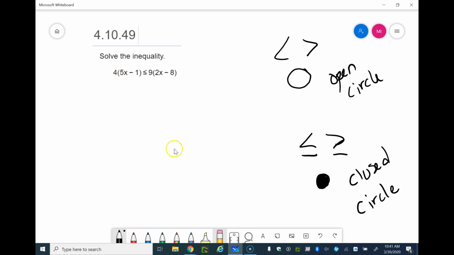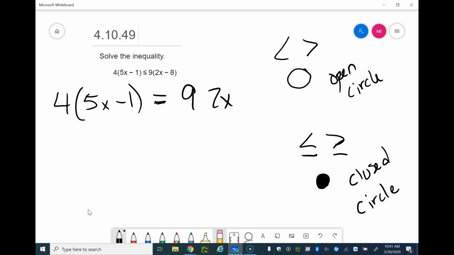All right, for this one here, we're actually going to solve just as if this was an equal sign. There's really nothing to it. Maybe there's only one rule that I want to go over and make sure you understand. But if you like, you can always replace the inequality sign with the equal sign if you're comfortable solving with equal signs. And in the end, we'll just come back and put it back in.